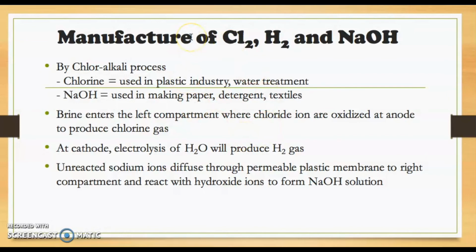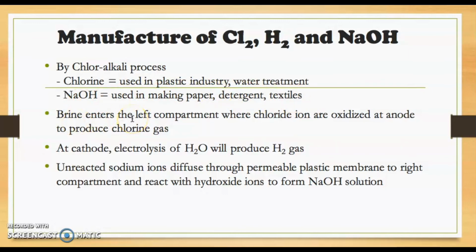This is the manufacture of chlorine, hydrogen, and sodium hydroxide by the chloralkali process. Chlorine is used in the plastic industry and water treatment, and sodium hydroxide is used in making paper, detergent, and textiles.